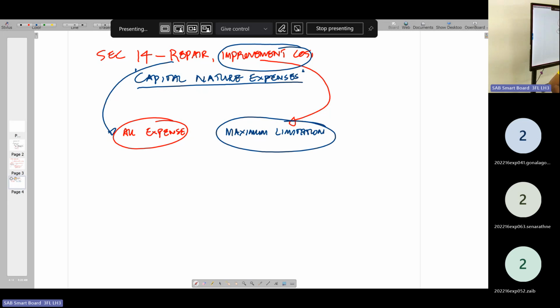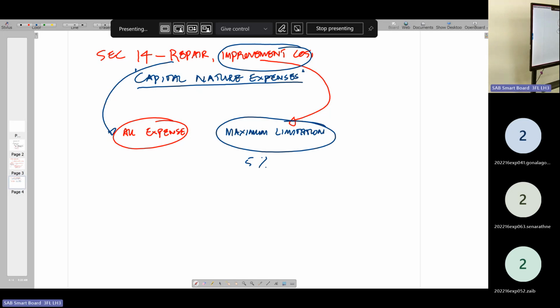Say in 2023, so 22/23, on that written down value we have to get the return as of the end of 22/23. Based on that, we have to work out the limitation. That is the maximum amount that can be deductible for a particular year. In this class of assets, the building structure is 5%.